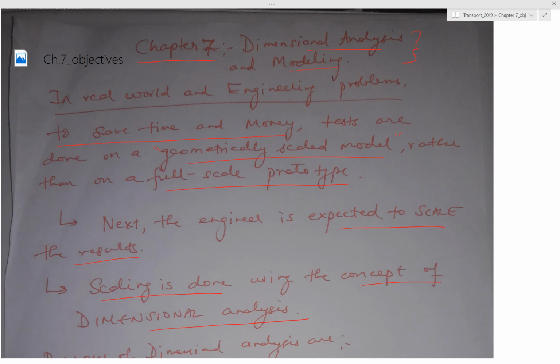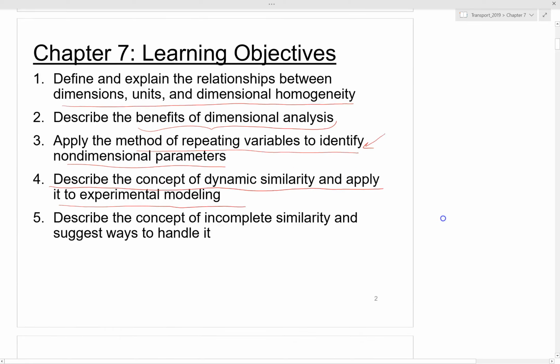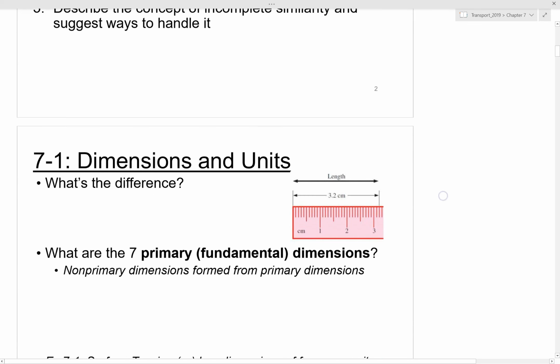With this, let's move on to our worksheets. So actually see the benefits of dimensional analysis before applying the tools to simple models. Okay, so let's get started. This is from your first chapter, dimensions and units.